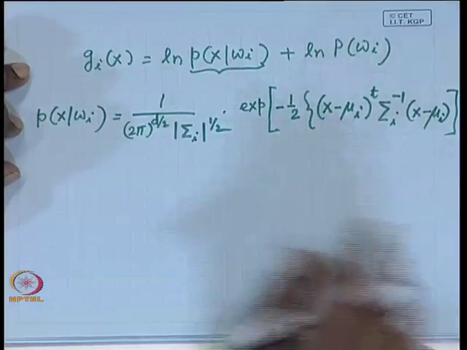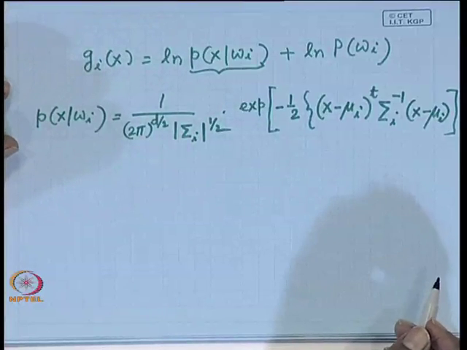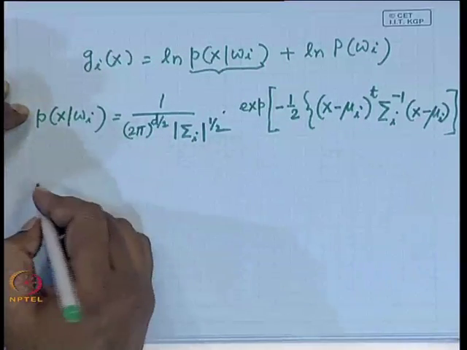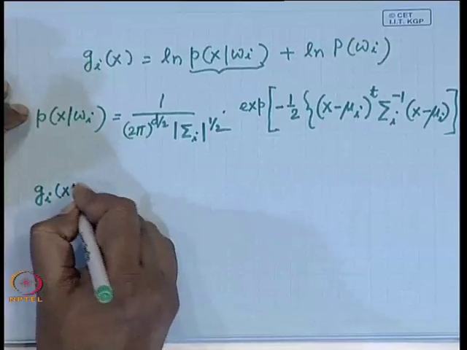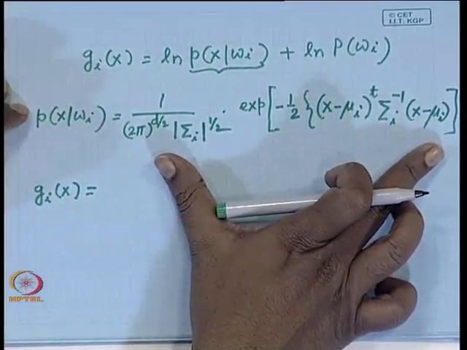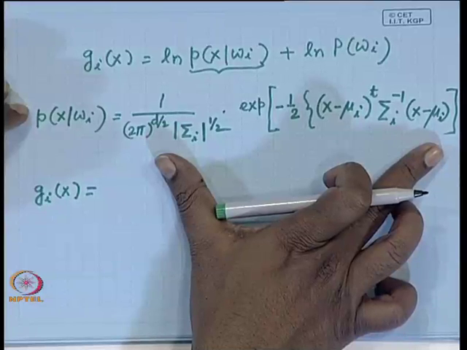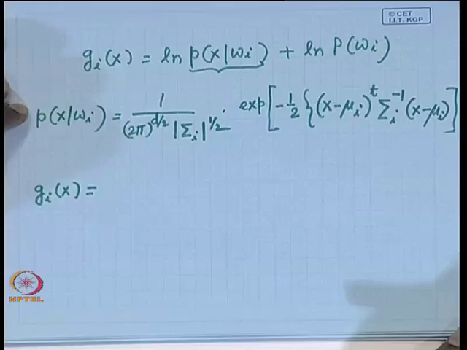By using this particular multivariate probability density function, now I can define g_i(x) to be the logarithm of this term, plus the logarithm of p(omega_i), that is the a priori probability.